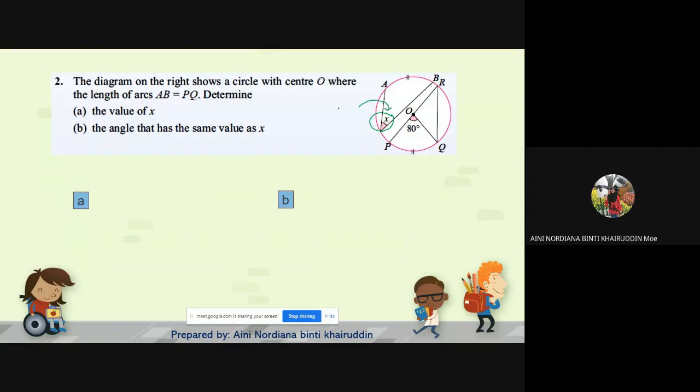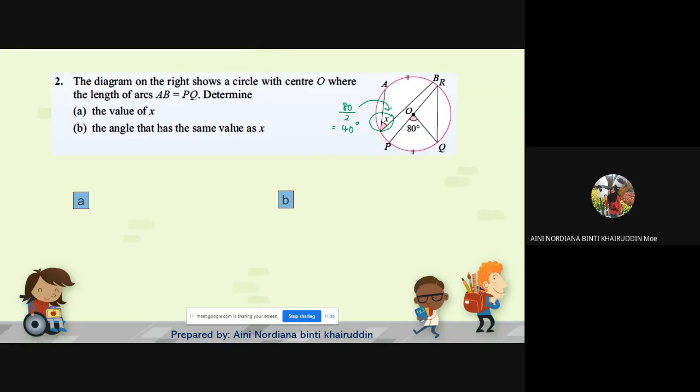So x equals 80 divided by 2, because here is the angle at center and here is the angle at circumference. So the angle at circumference is reduced by half. So you need to divide by 2 in order to calculate the value of x.